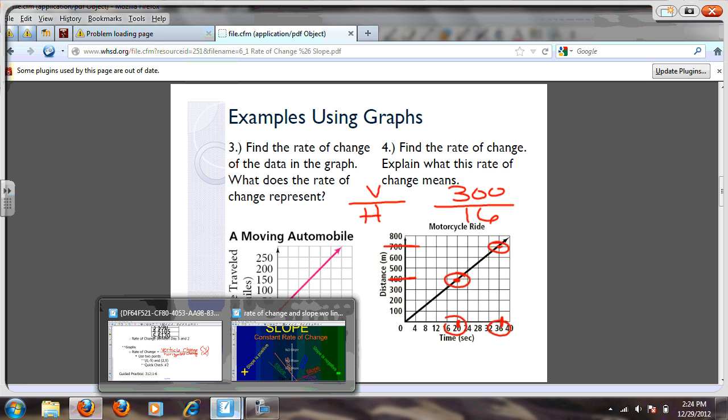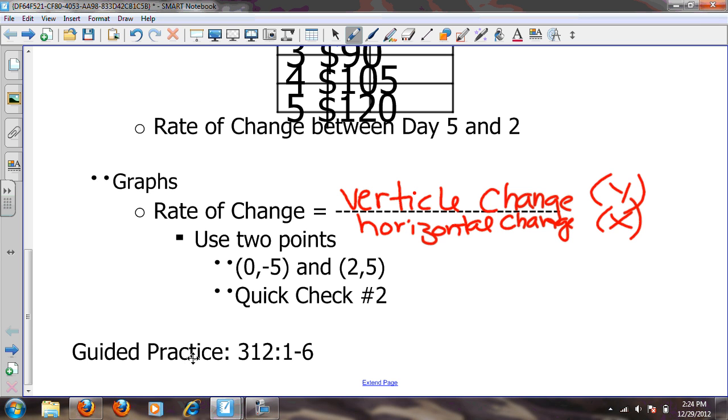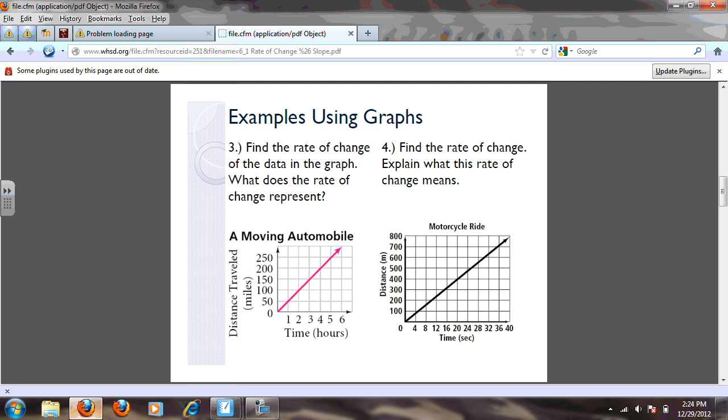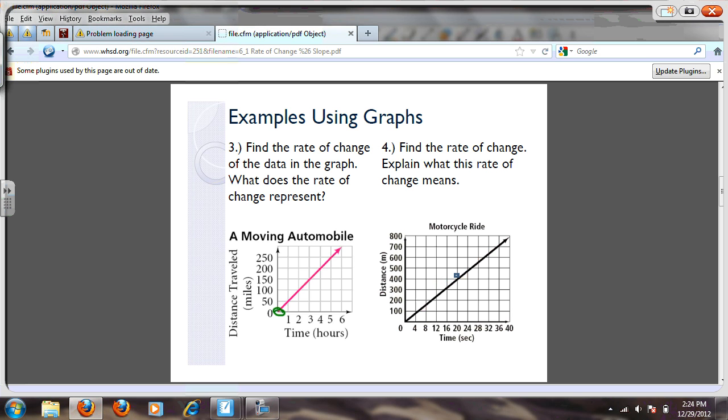If you look at the moving automobile, quick check number 2, we need to pick 2 points, just like we did here, 2 spots where we felt it was crossing and we could see. It looks like it's going to cross right there, right here, and we could use here and here.